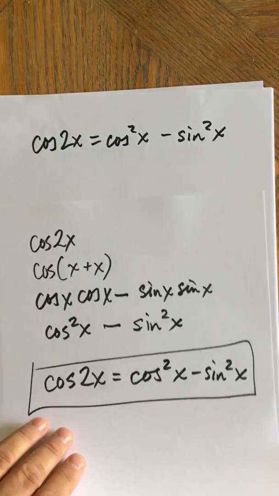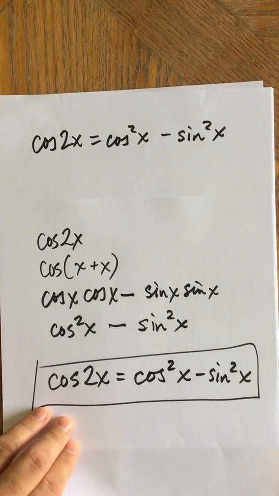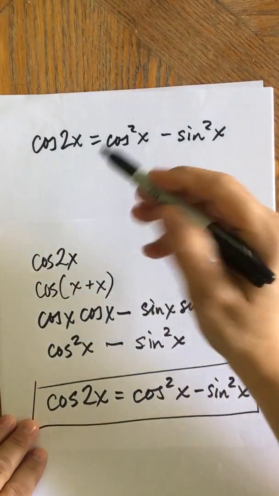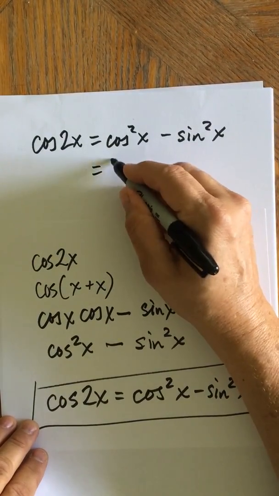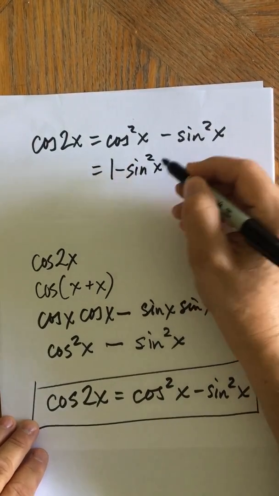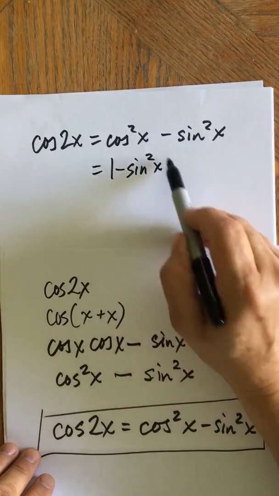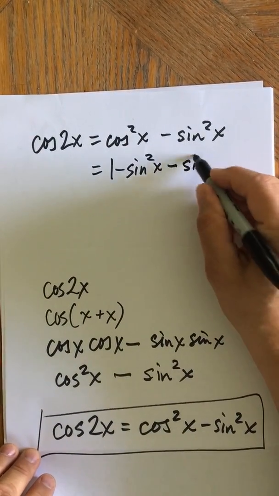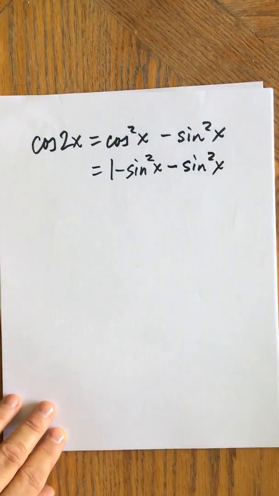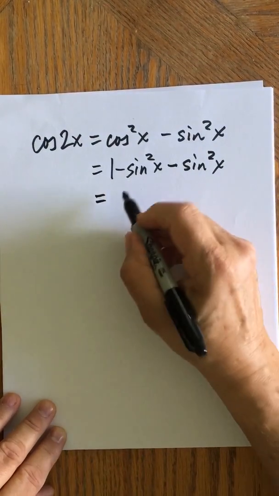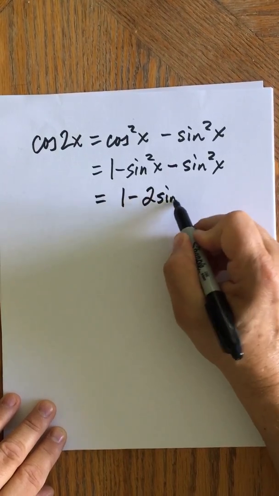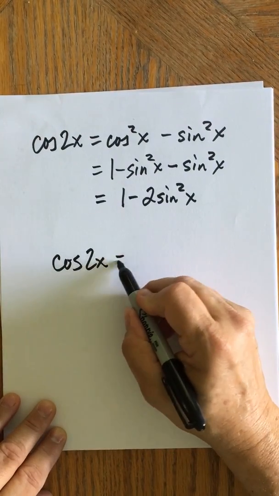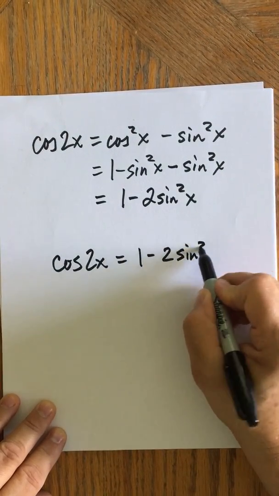But now, if you recall, cosine squared is the same thing as 1 minus sine squared. So I'm replacing cosine squared with 1 minus sine squared, and I still have this minus sine squared x. Now if I combine like terms, I get 1 minus 2 sine squared x. So that's another form of the cosine of 2x: 1 minus 2 sine squared x.